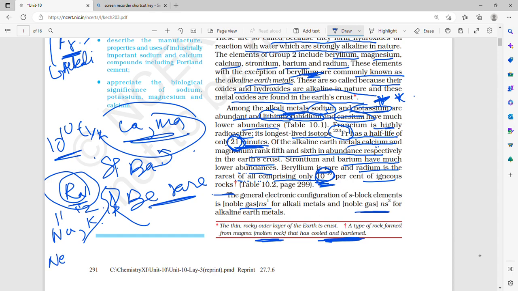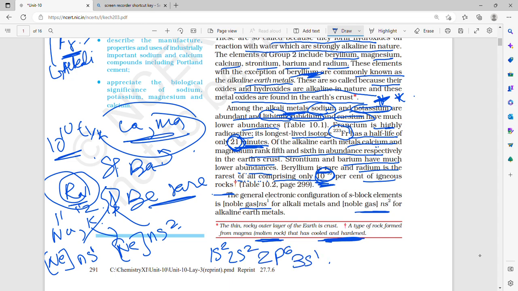So neon 3s1. Similarly here also neon 3s2. That is 1s2 2s2 2p6 3s1, and this will be 3s2.